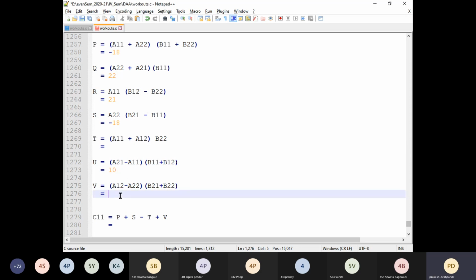Saurabh, did you get the value of P? So calculate. Yes, Pranay.